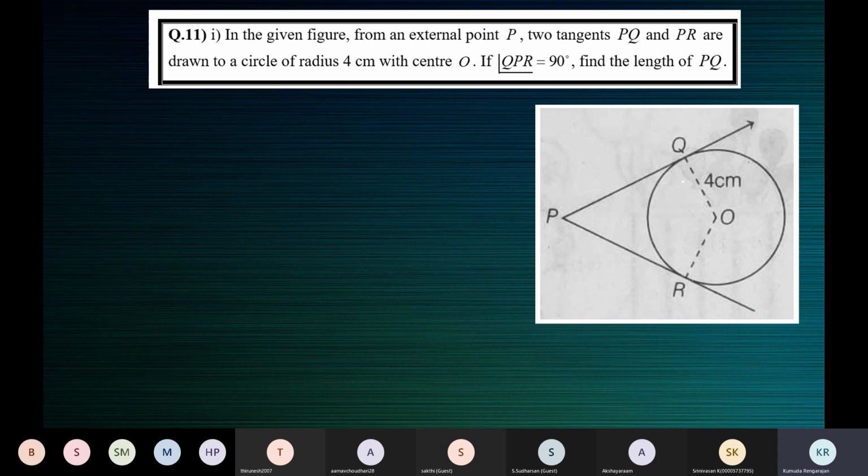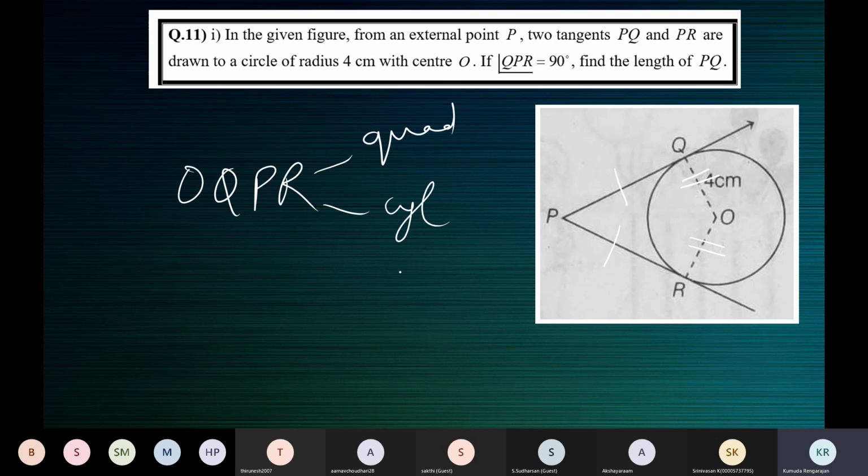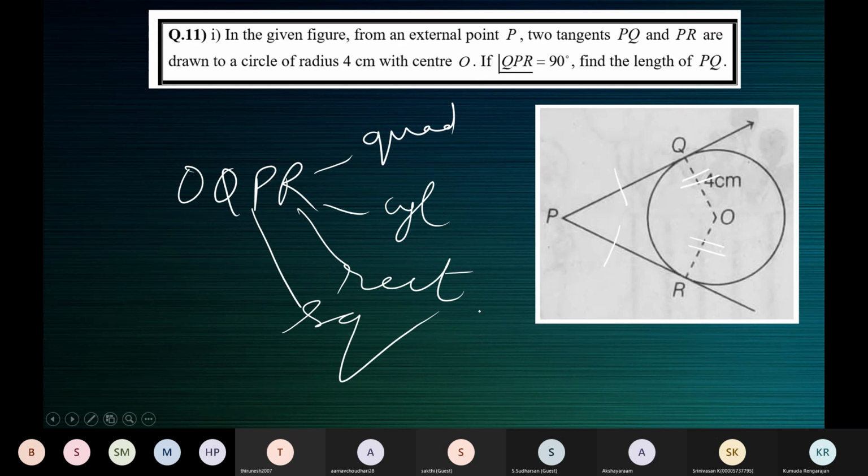And here we have adjacent sides OQ equal to OR. You can also say adjacent sides PQ is equal to PR. So what will you call OQPR? OQPR is a quadrilateral. OQPR is a cyclic quadrilateral. OQPR is a rectangle. Furthermore, it is a square. Yes or no?